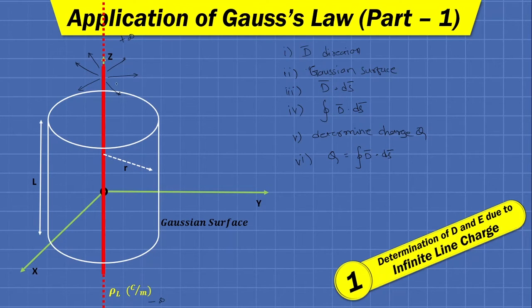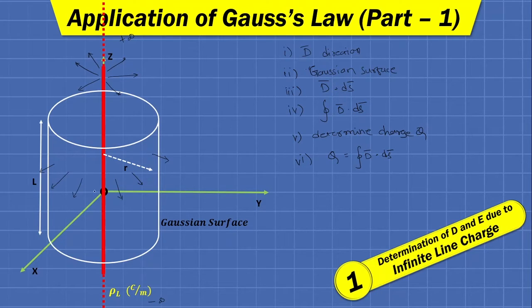And thirdly, the direction of D bar should be parallel or normal to the surface. As you can see, at every point of this curved surface, the direction of D bar and the direction of the surface are the same.